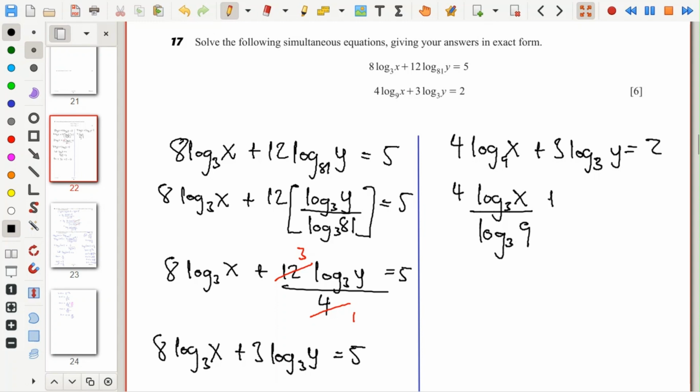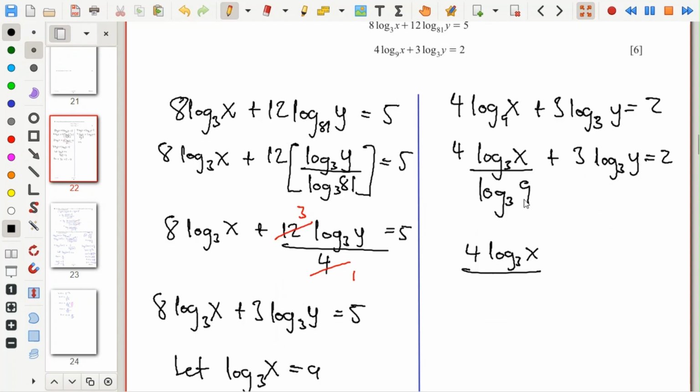Let me write 3 here. So here, this is the same as log 3 to the power 2. So the 2 jumps down, so it becomes 2 log 3 to the base 3.